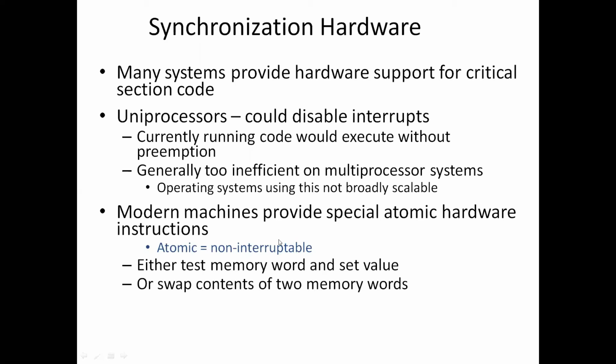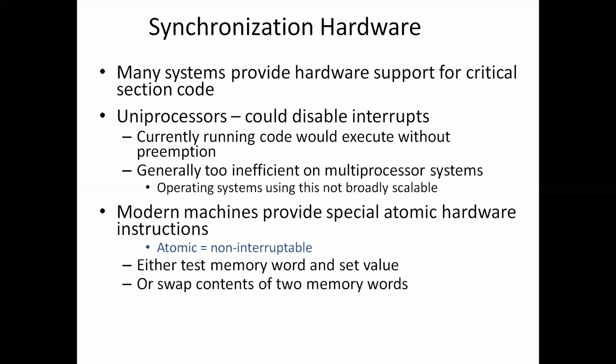It will be either test a memory word and set a value, or another instruction, swap the contents of two memory words. By using these two algorithms, we can provide a solution to the critical section problem in hardware synchronization.